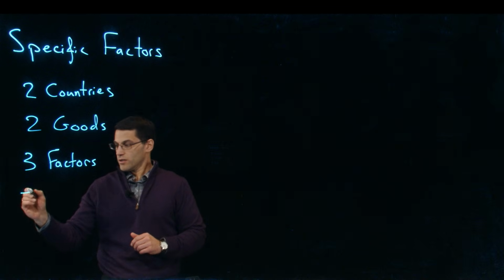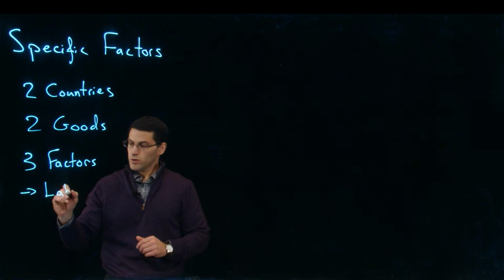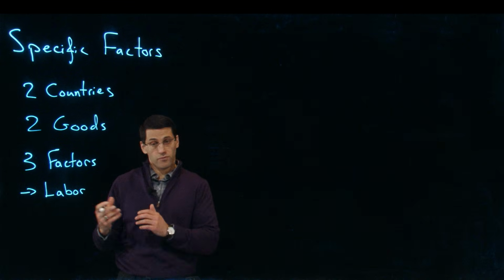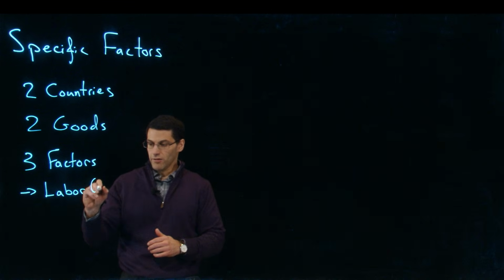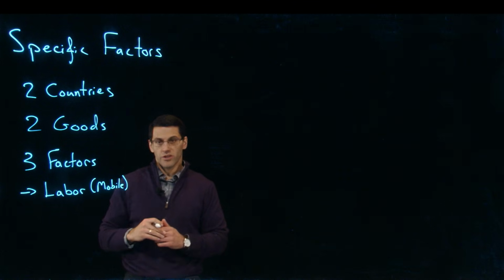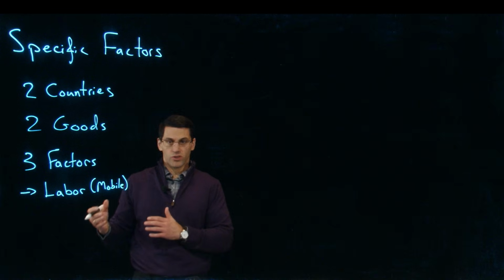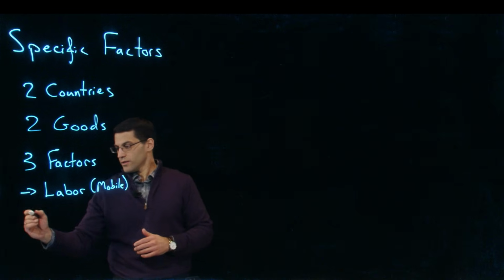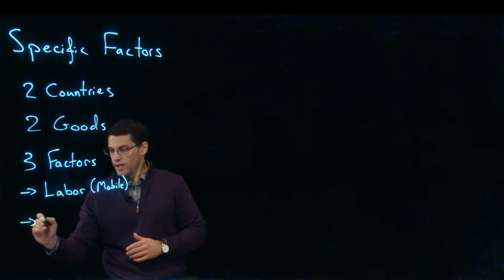And these are labor, which, for the sake of this exposition, for this example, is going to be the mobile factor. Just like in the Ricardian model, labor is going to be free to move between the two sectors. And we're also going to have capital.